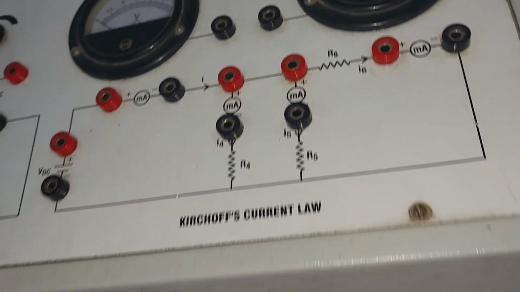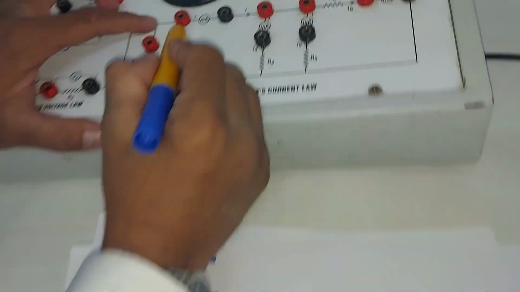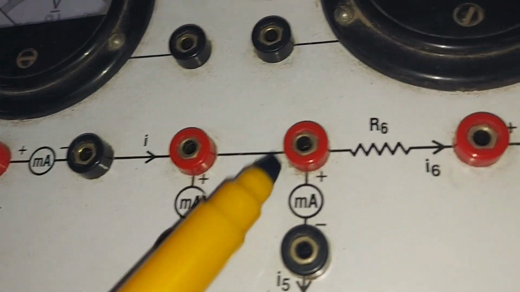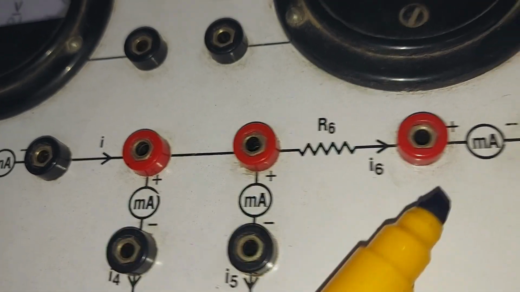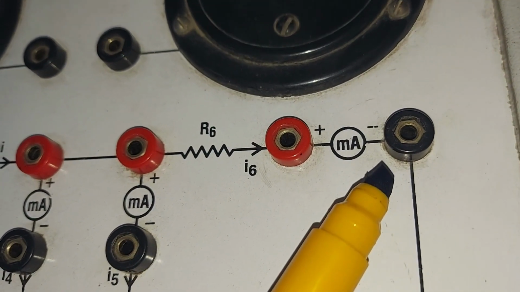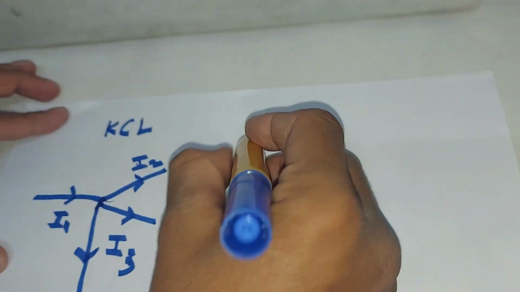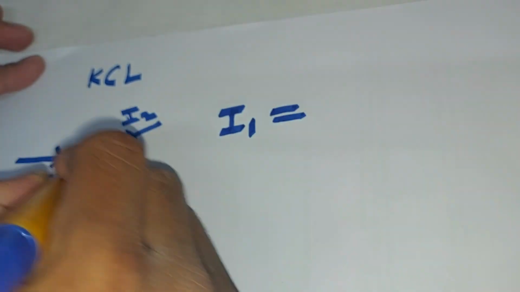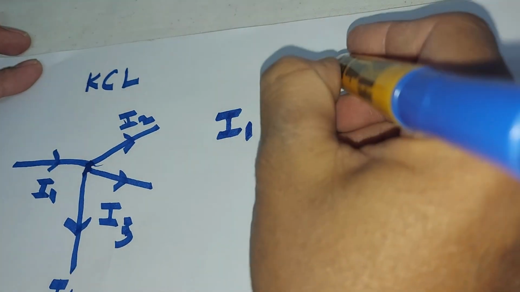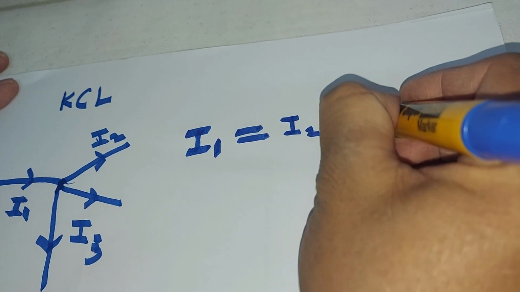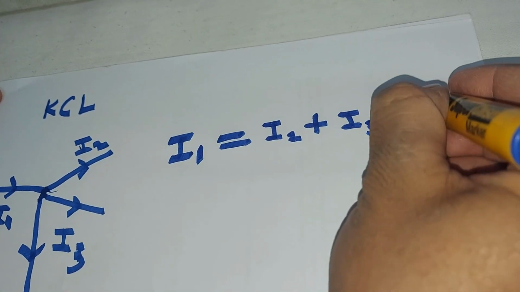Say as per our diagram, I will call this current I1, this current I2, this current I3 and this current I4. So, according to Kirchhoff's current law, the incoming current I1 will be equal to the sum of all the outgoing currents, that is I2 plus I3 plus I4.